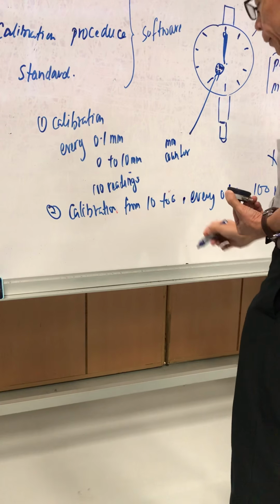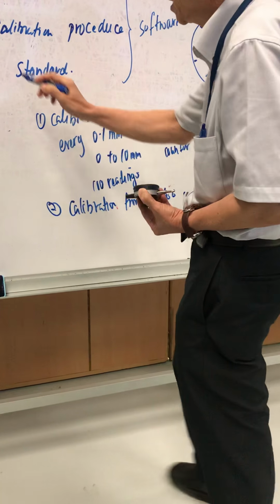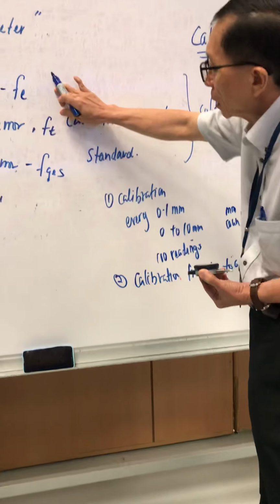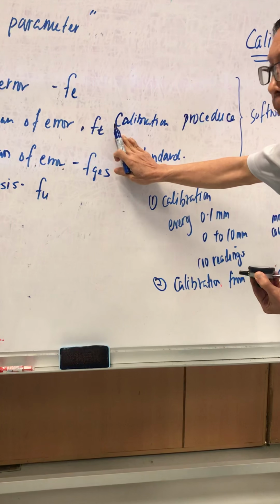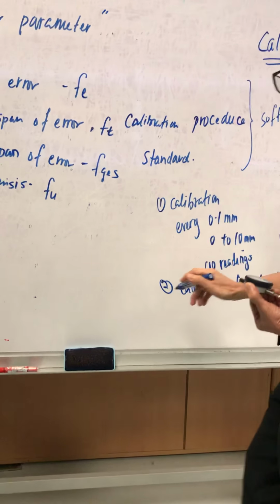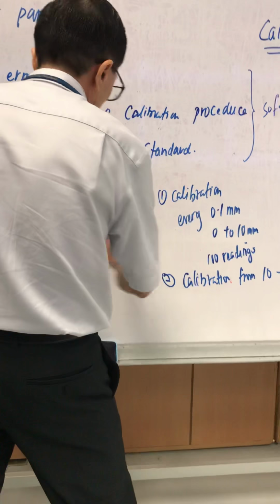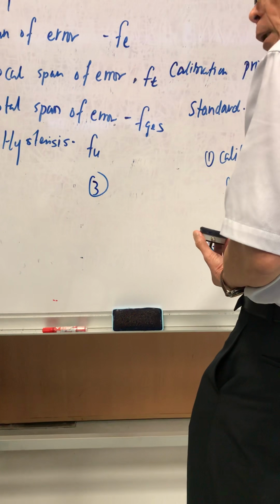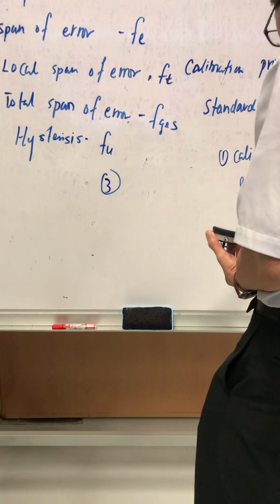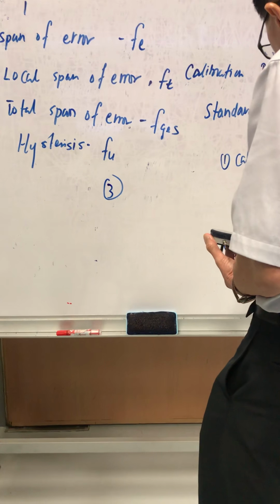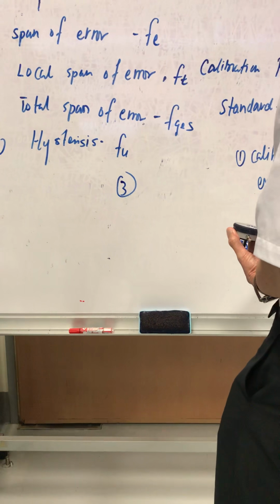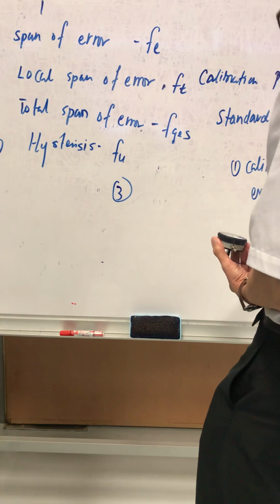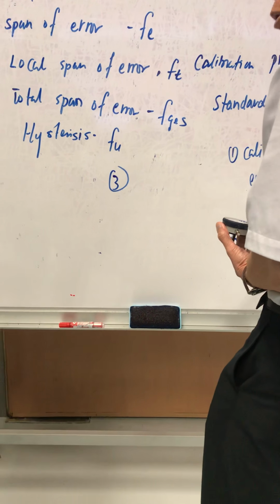Then this is to analyze this and this. But over here the system will call you to go back, when you're calibrating 0 to 10 mm. You calibrate this, then the system will call you to go back to where the deviation is the largest.